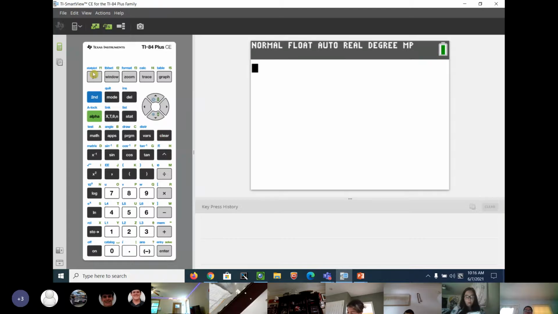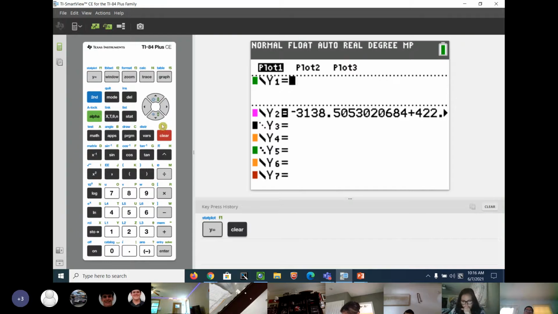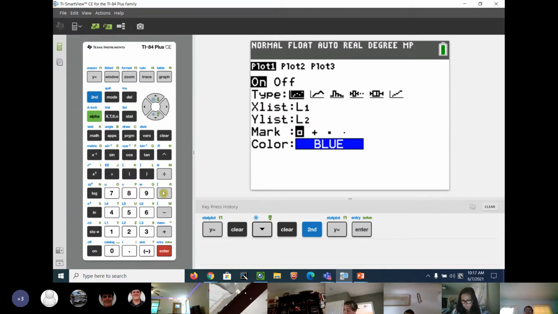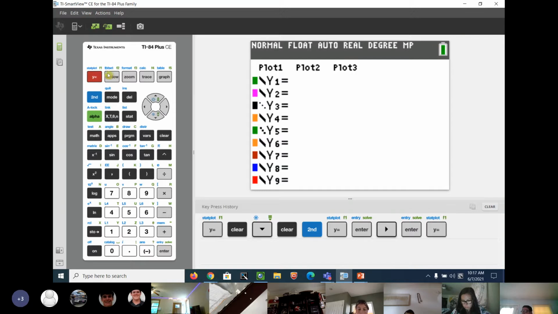And let's do y is equal to, clear, clear. Let's make sure that the stat plot is turned off. And y is equal to, and I'm going to do this in black.